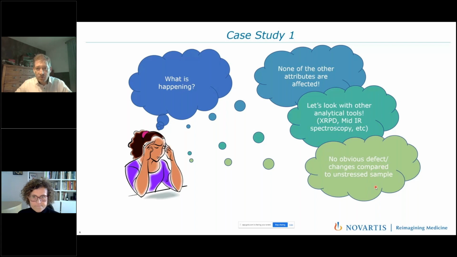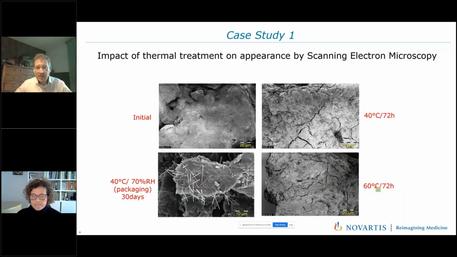And this remained true until we ran scanning electron microscopy. Scanning electron microscopy at drug product level is a bit unconventional because we need somehow to break the tablets and put them under the scanning electron microscope, under vacuum. But then it turned out really obvious that something was happening.